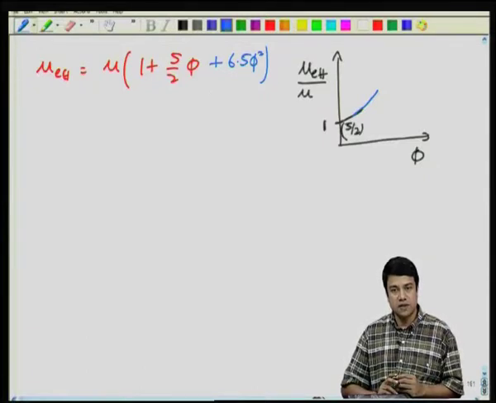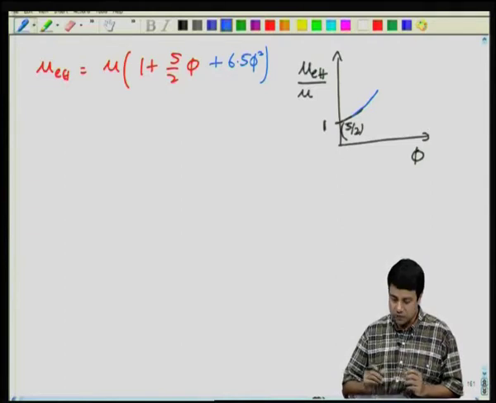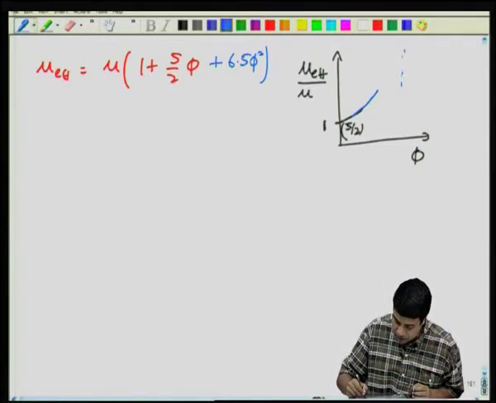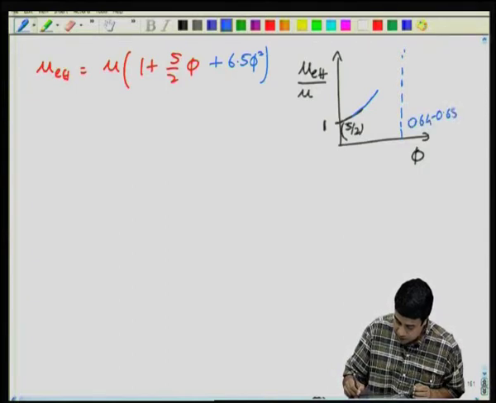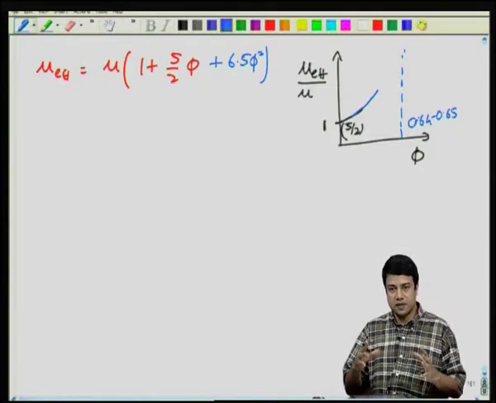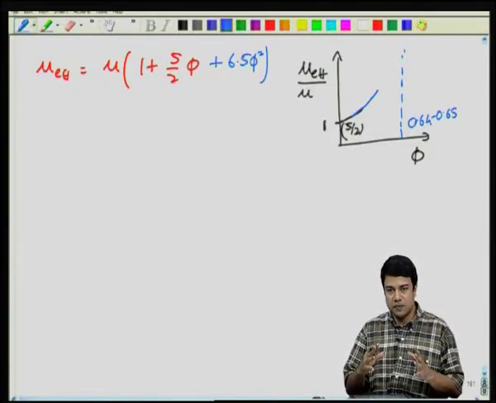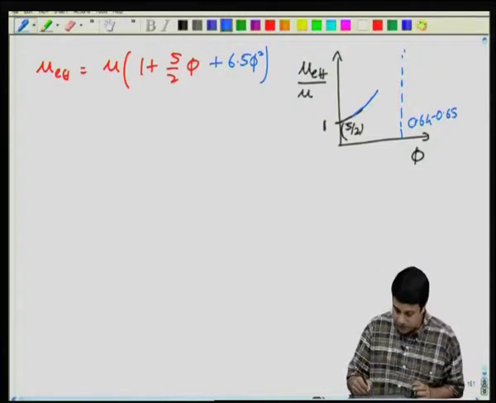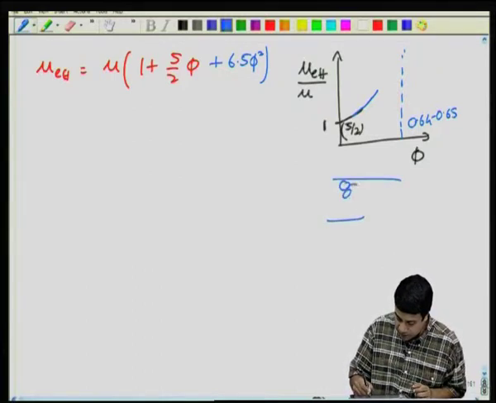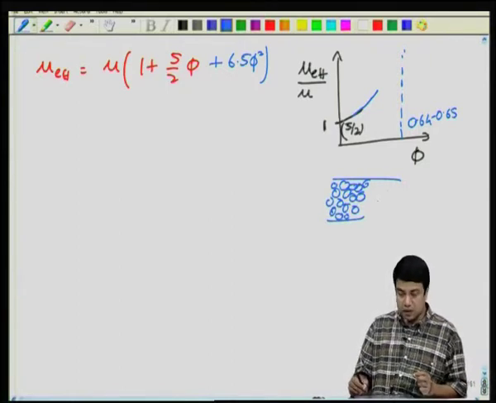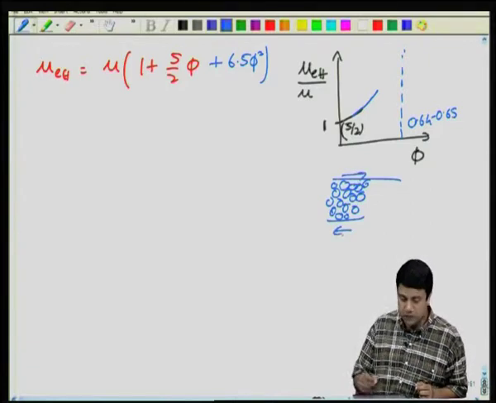Of course, as you start putting in more and more particles, the viscosity is going to keep increasing, and there is a limit. If the volume fraction goes beyond about 64 or 65%, the entire suspension is full of particles, and because the particles are rigid, you will not be able to deform it at all.